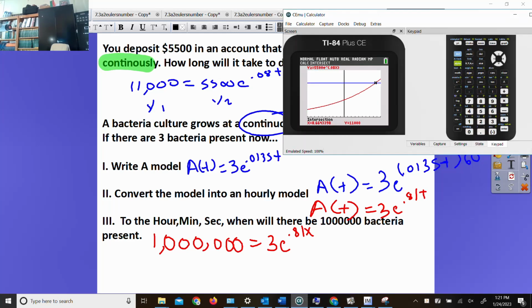Anyways, y1 is 1,000,000. Y2 is 3e to the 81/100ths of x. Of course you have to go up past 1,000,000. If you put 1,000,000 in y1, you have a horizontal line at 1,000,000.